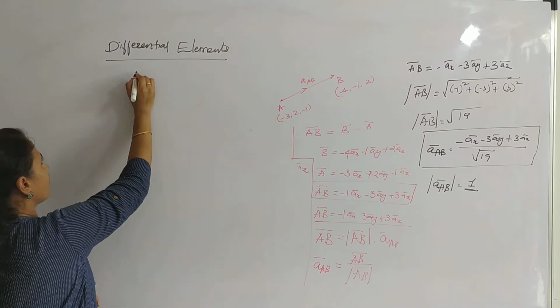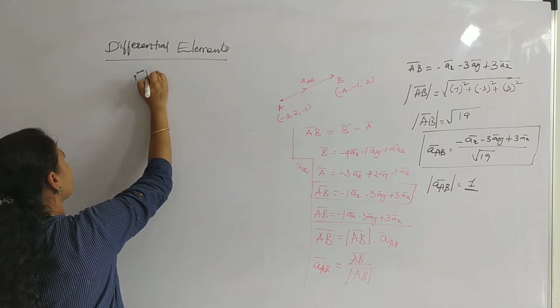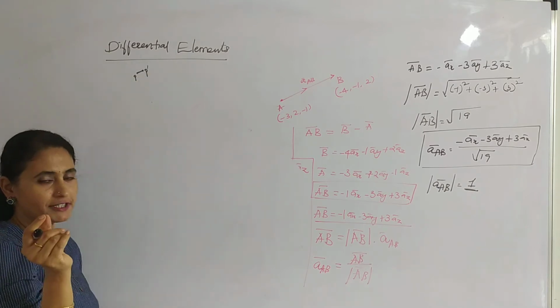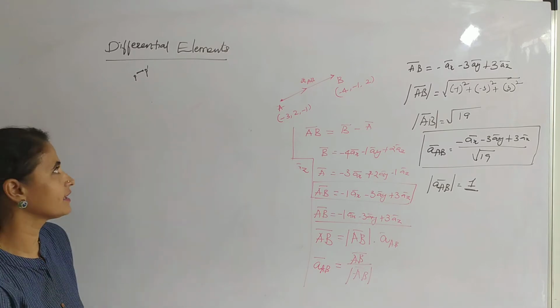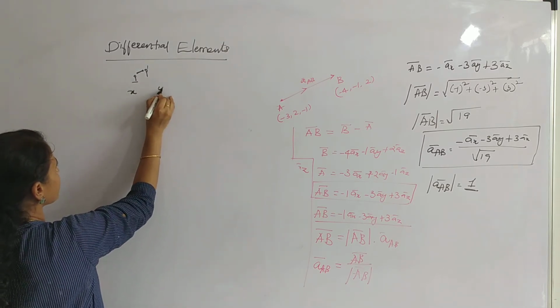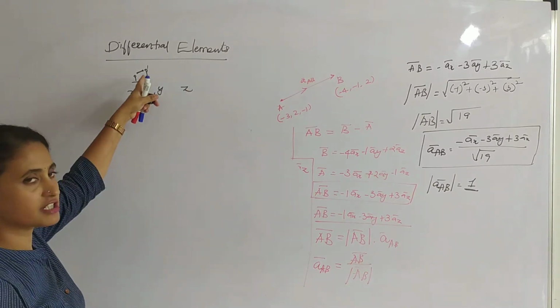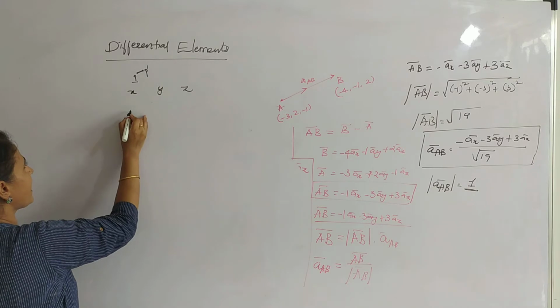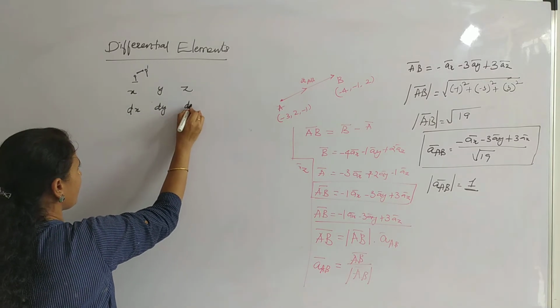If the point P has taken a small shift to P dash, I drew a very short line because it is only a differential change, a small shift. Then P has the coordinates x, y and z. The differential shift in the position from P to P dash is given by dx, dy and dz.